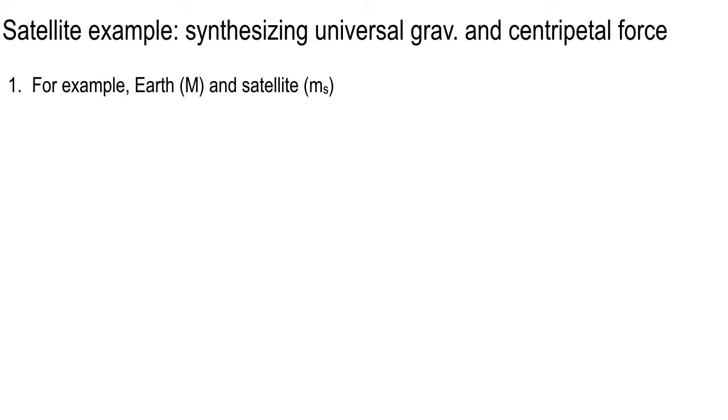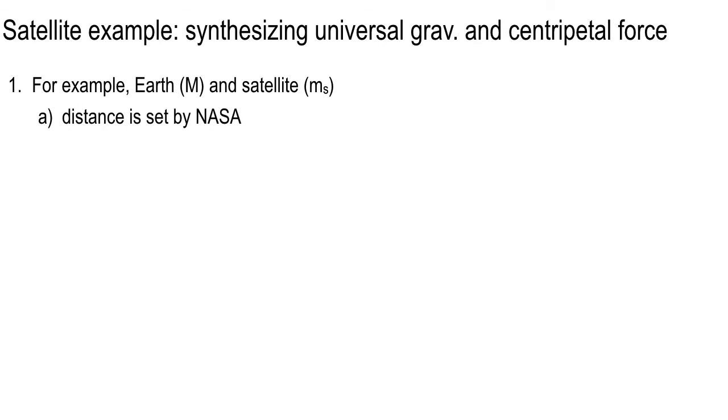All right, so let's think about the Earth, capital M for its mass, and a satellite, little m subscript s. So the Earth has a huge number of kilograms for mass, and a satellite might have a few thousand, big satellite, a few thousand, small satellite, a few kilograms. There's a wide range of those, but way smaller than the Earth.